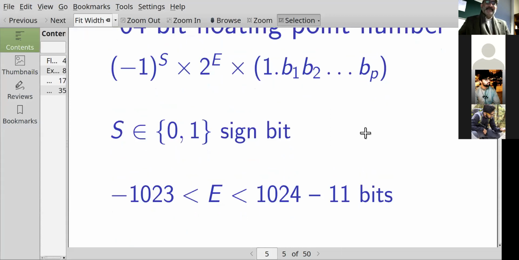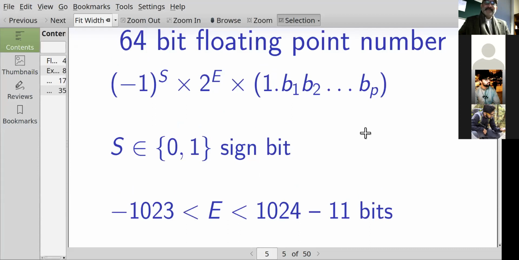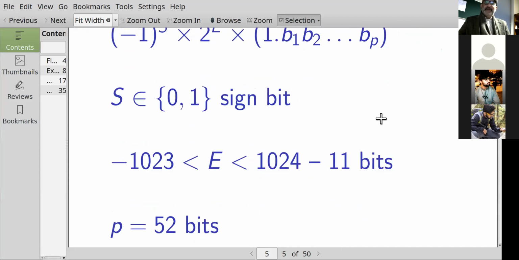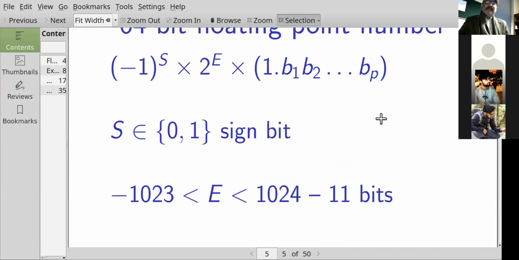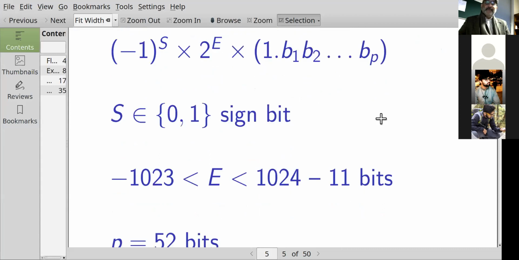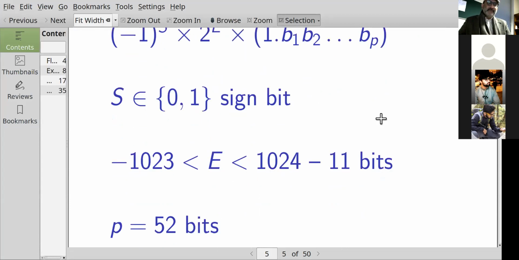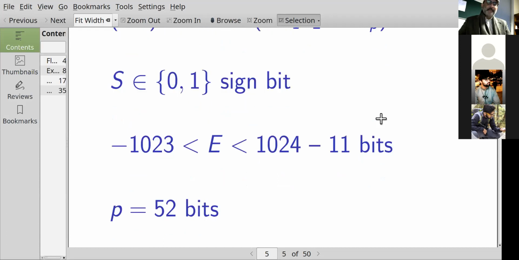Okay, so the exponent is 11 bits, and then you've got 1 point, the 1 is understood unless it's 0, and then it's B1, B2 up to BP, and in our case, P is 52 bits. But you could imagine that going forward, maybe there'll be 128 bits or something, right? But I think the general idea would remain the same, however many bits we have for the mantissa.